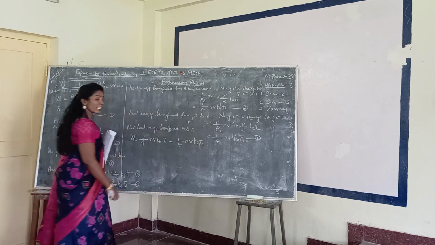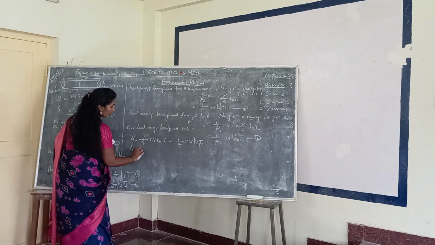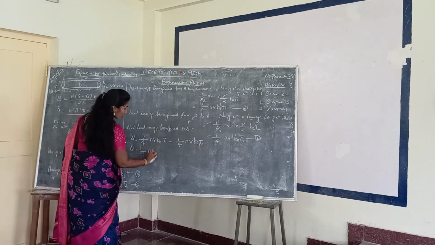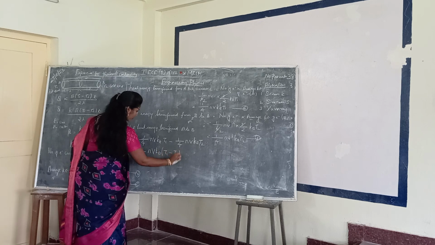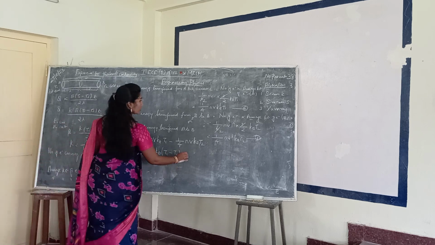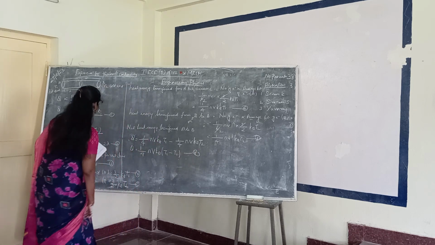Which one is common here? 1 by 4. So Q is equal to 1 by 4 n into V and then kV and then T1 minus T2. So this is the eighth equation.